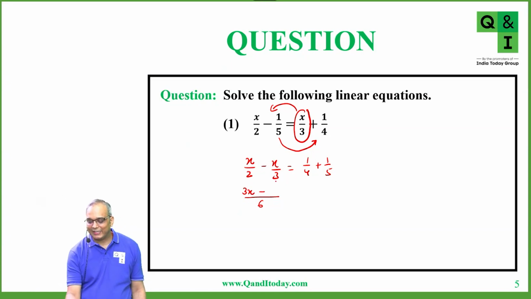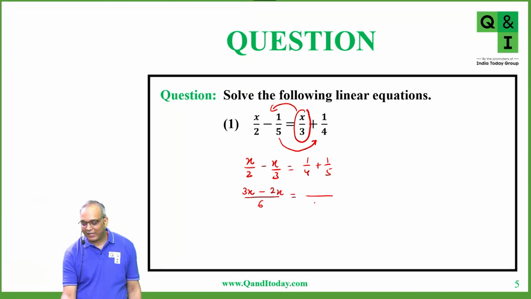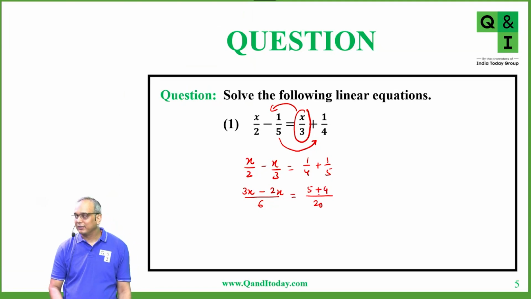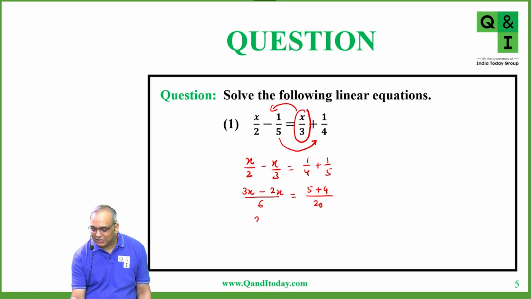And in the second term, we'll multiply it by 2, we'll get 2x here. This is equal to, if we take the LCM of 5 and 4, this is 20. So we'll multiply by 5 and here we'll multiply by 4, right? So 3x minus 2x is x over 6 is equal to 9 over 20.